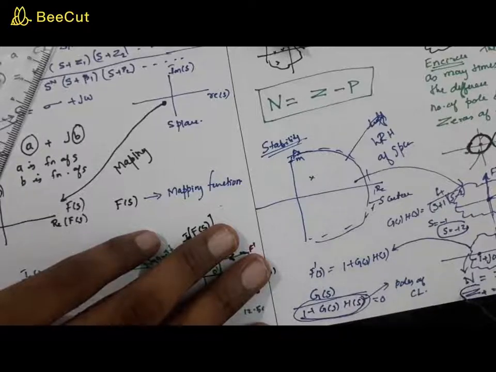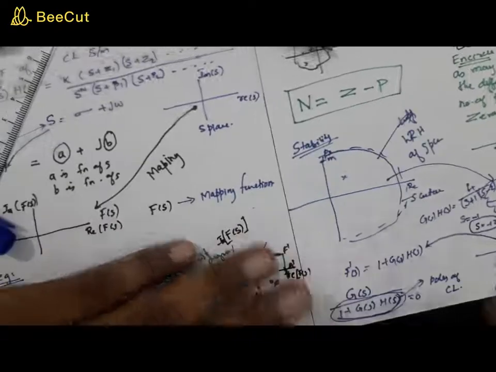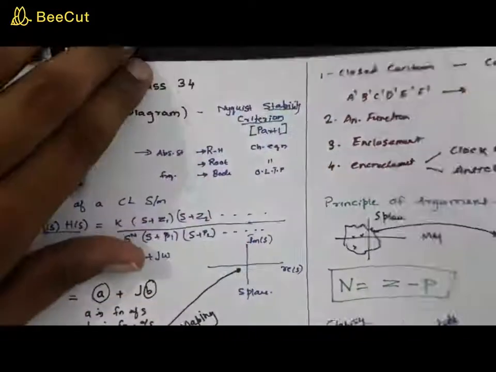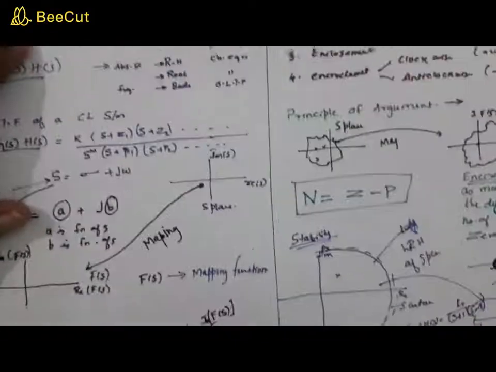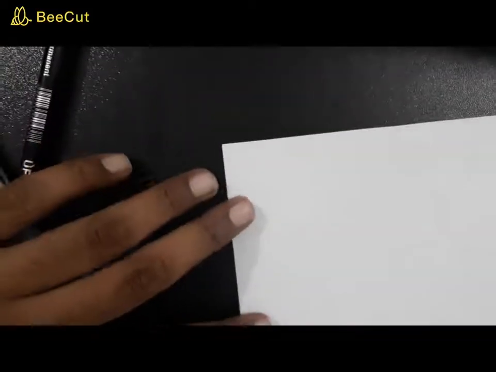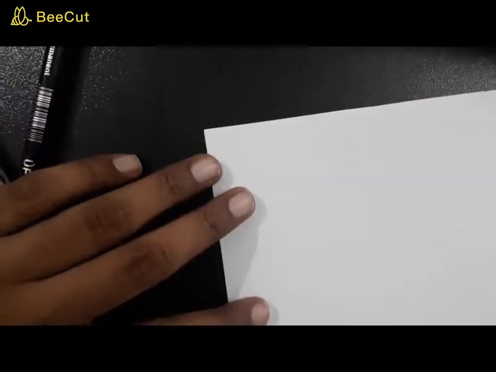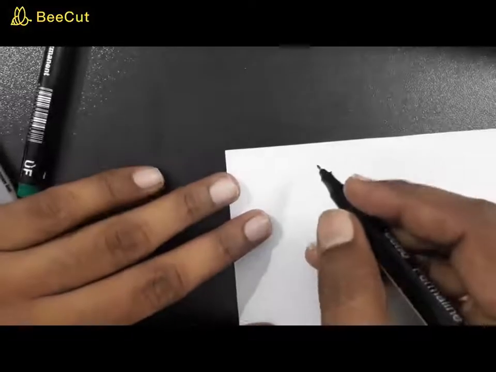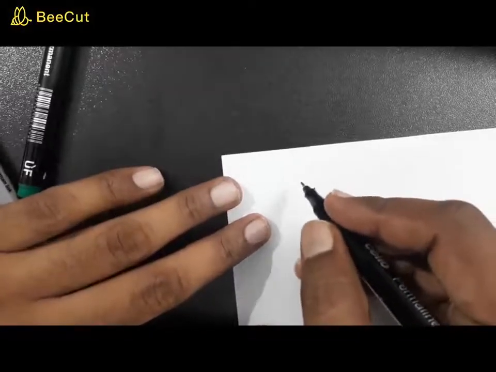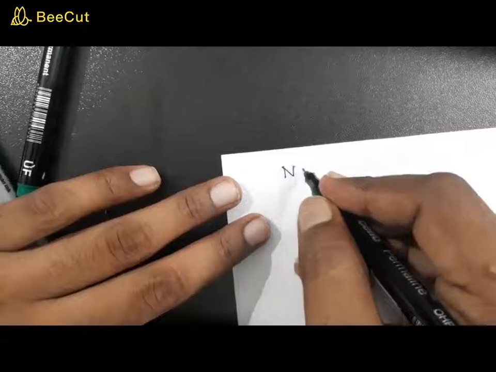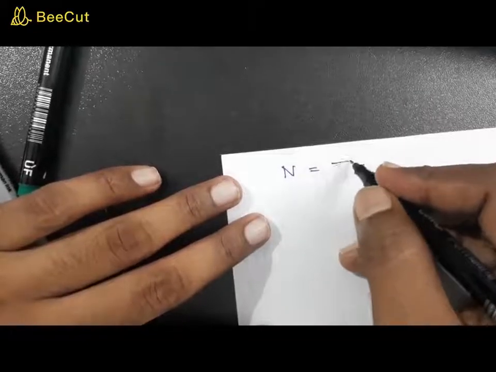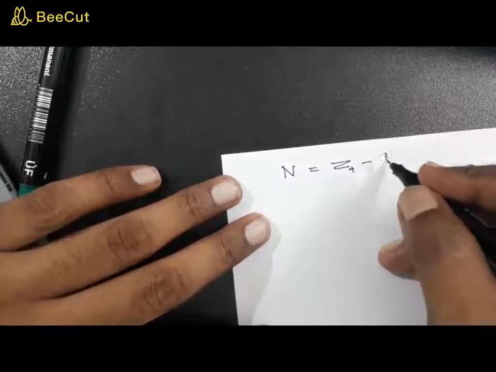Now you will be getting Z plus. Okay, now let's see what this Z is. So from the argument criterion, we know N is equal to Z plus minus P plus.